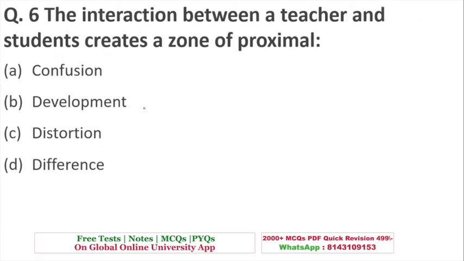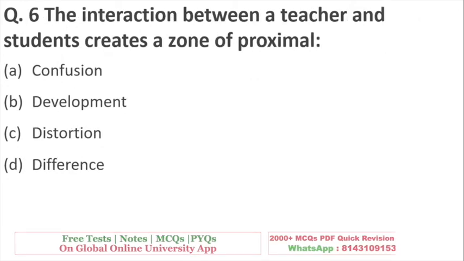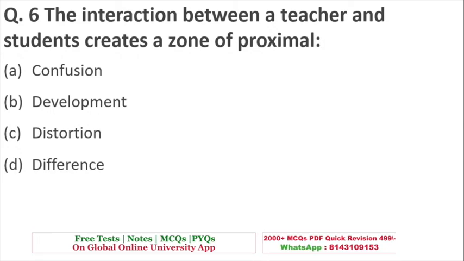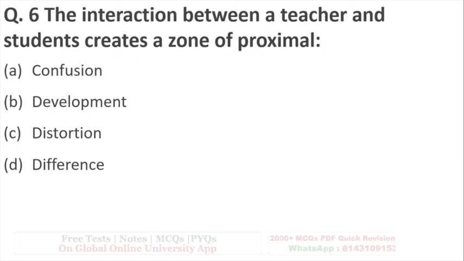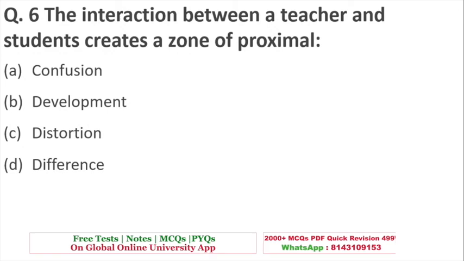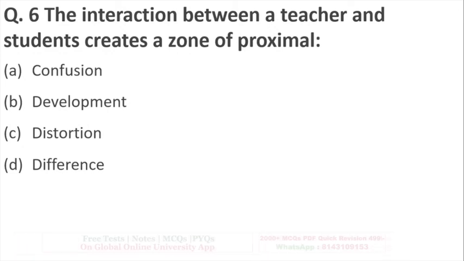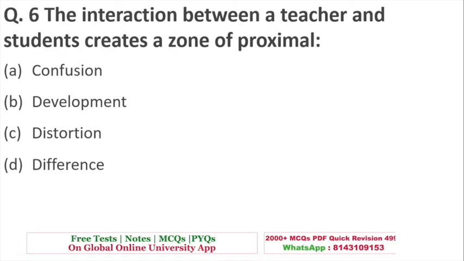Next, the interaction between a student and a teacher creates a zone of proximal confusion, development, distortion, or difference.